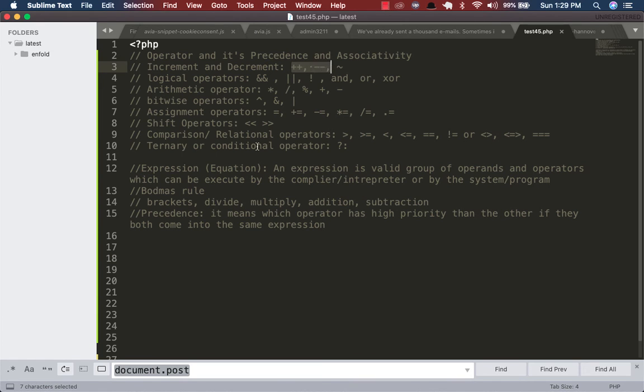There are basically two types, postfix and prefix operators. Let me write here: increment and decrement.